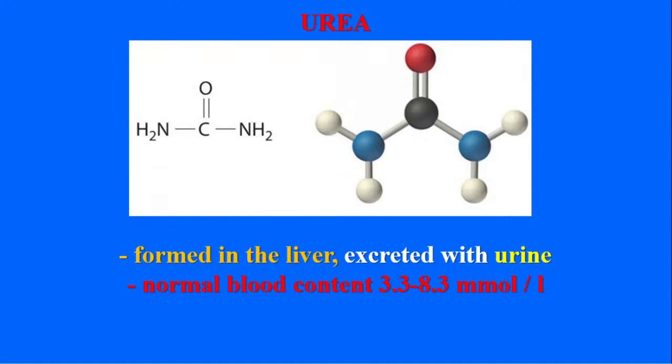Sometimes, due to a protein-rich diet, it can be a little bit higher than 8.3, but usually if the patient is healthy, it will not be higher than 10 millimole per liter. So if it is really higher than 10 millimole per liter, you must suspect the presence of disease in the patient and find the reason for this uremia.